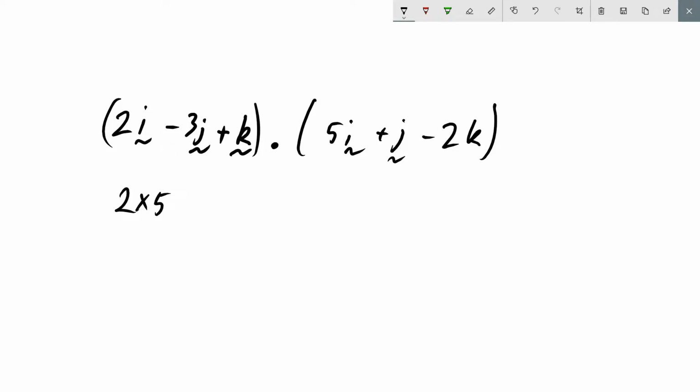So 2i dot j. Hold on, i dot j, the angle in between them is 90, so they're perpendicular, and that means we're going to get 0. So we'll add 0. Now we'll dot it with the last term. So 2i dot minus 2k. i and k are perpendicular, so we're going to get 0 again.